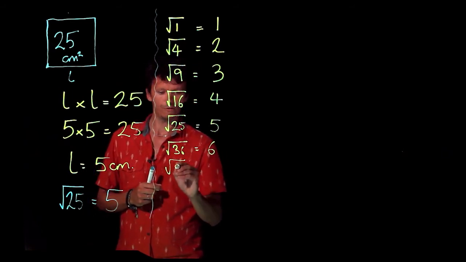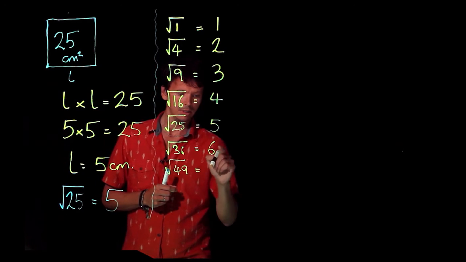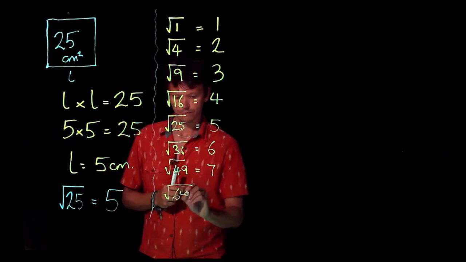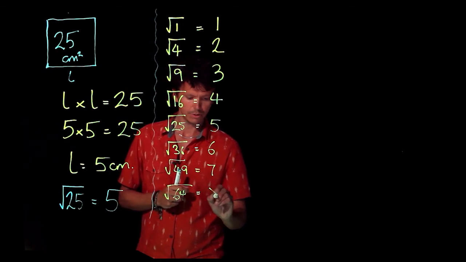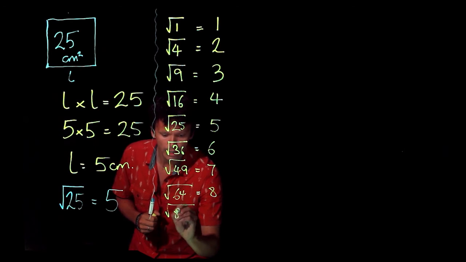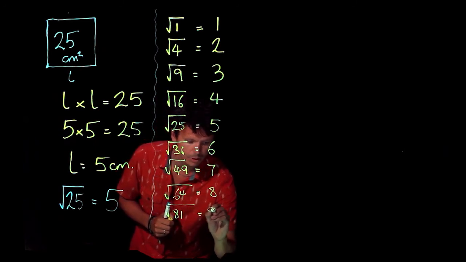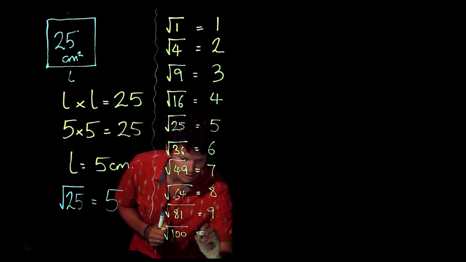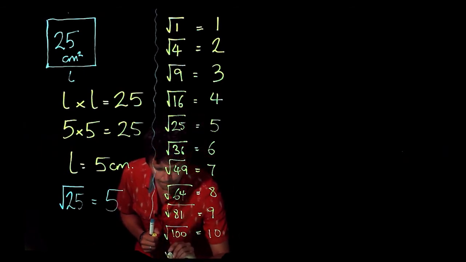The square root of 49 equals 7. The square root of 64 equals 8. The square root of 81 equals 9. The square root of 100 equals 10.